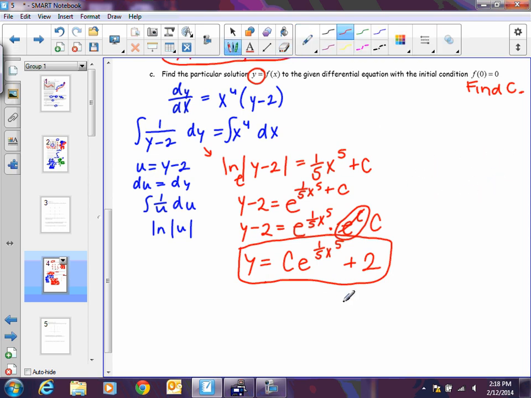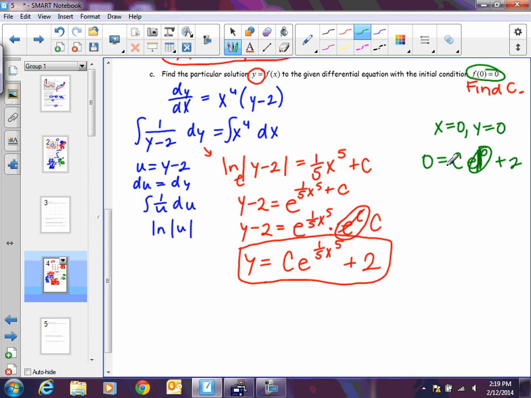Okay, so the only thing I need to do now is find c. So we're going to use our initial condition. We're going to say, okay, when x is 0 and y is 0. This is almost always really easy to calculate. The reason is because look what happens when you let x be 0. That whole thing becomes 0. And e to the 0 is 1, not 0, 1.